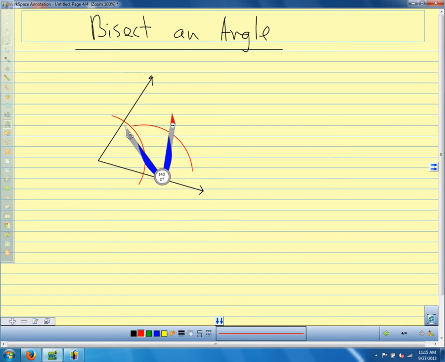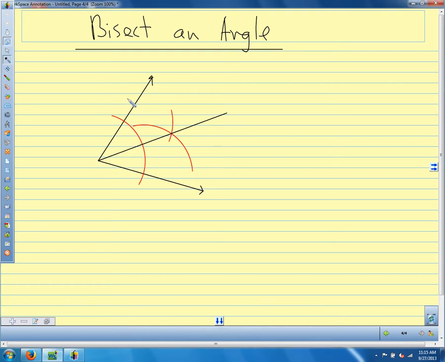Move the point to the other side where the arc crosses the angle, and make an arc there. Now I'm going to connect with a straight line the vertex with where those two cross. And there's my bisector. I've bisected the angle. And when I do this, this is congruent to that.